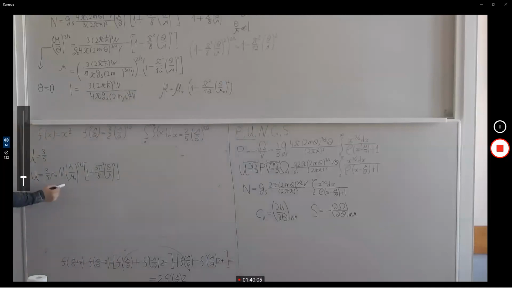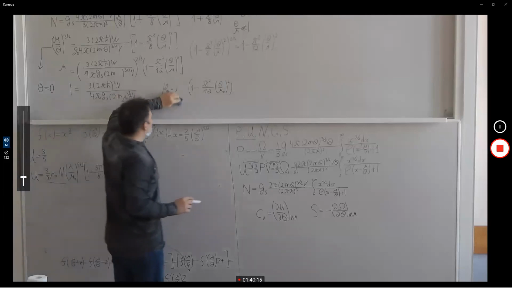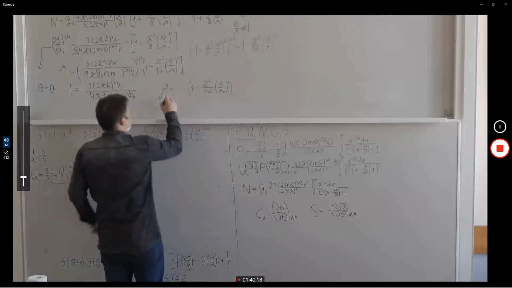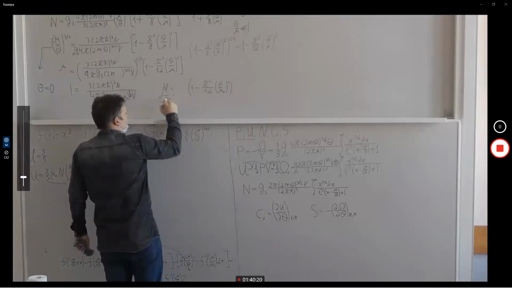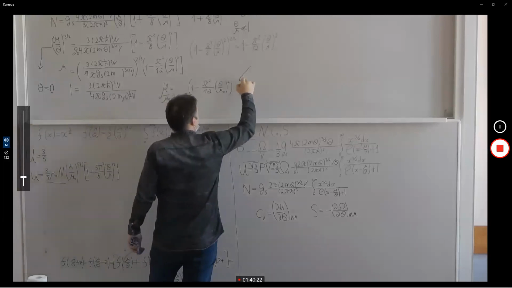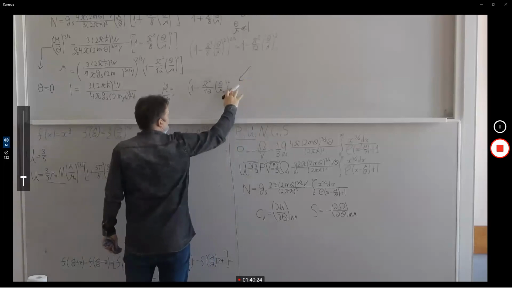So we have no temperature dependence here, but we have temperature dependence in the ratio mu divided by mu sub 0. And the exact form of dependence is this.